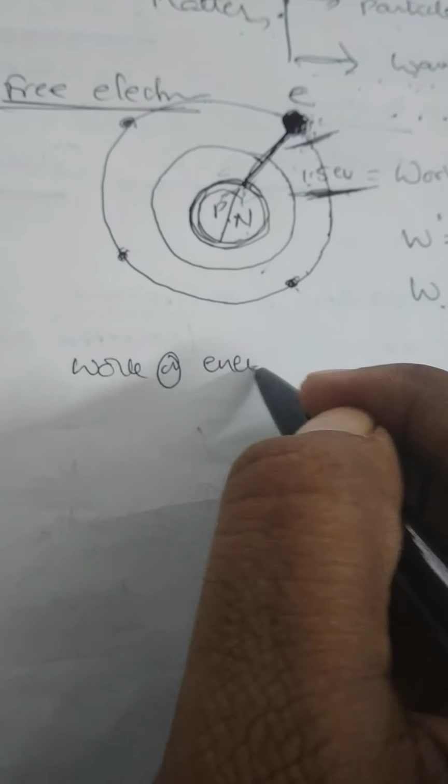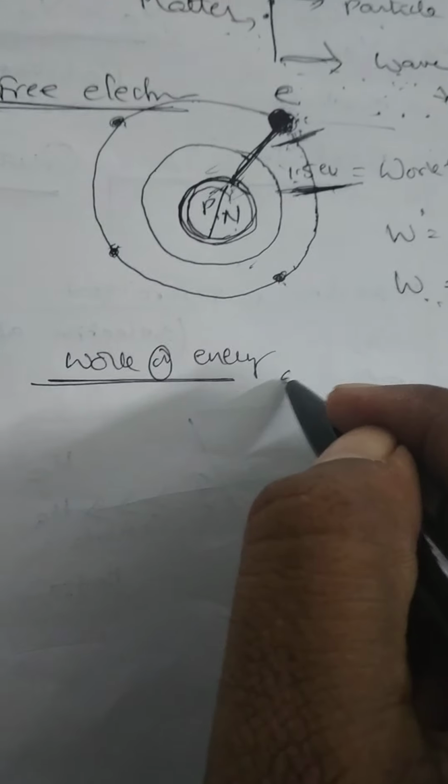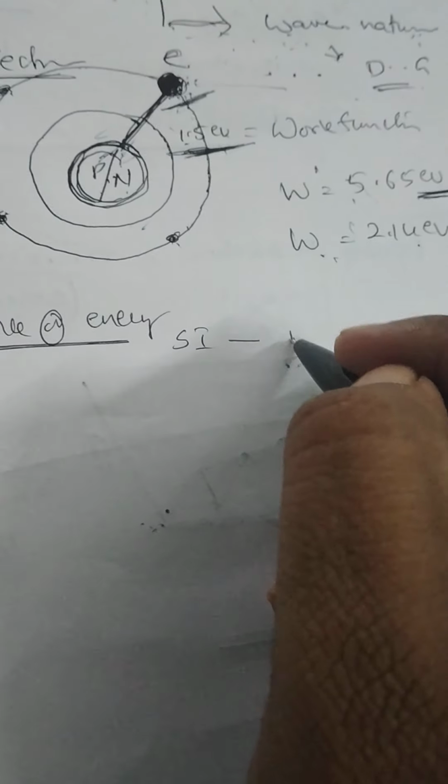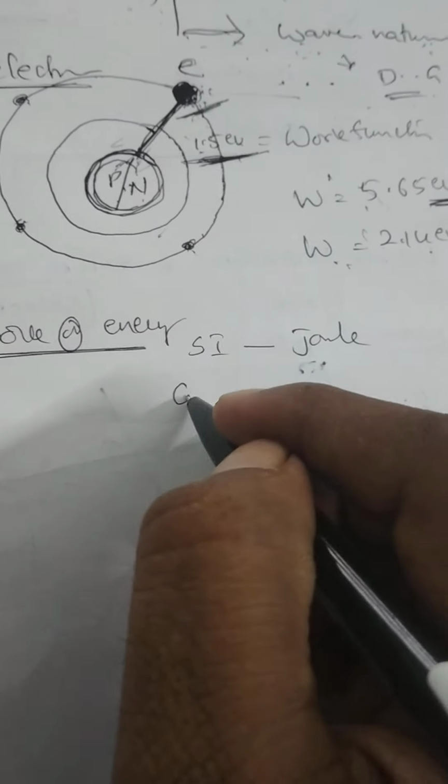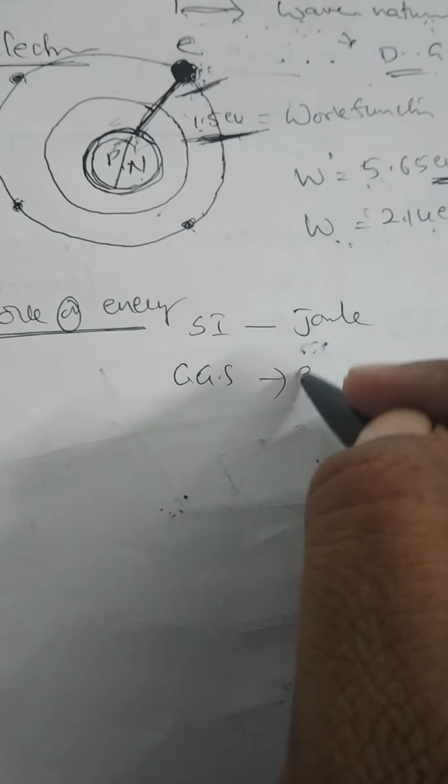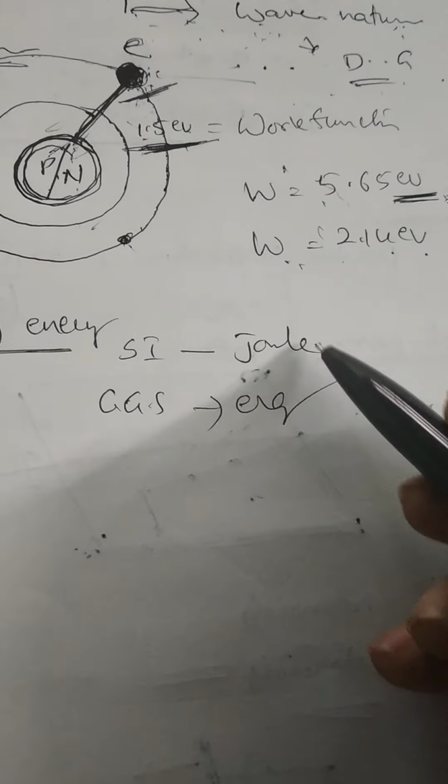In general, the SI unit of work or energy is the joule. The CGS unit of work or energy is the erg. These are the generally used units for work or energy.